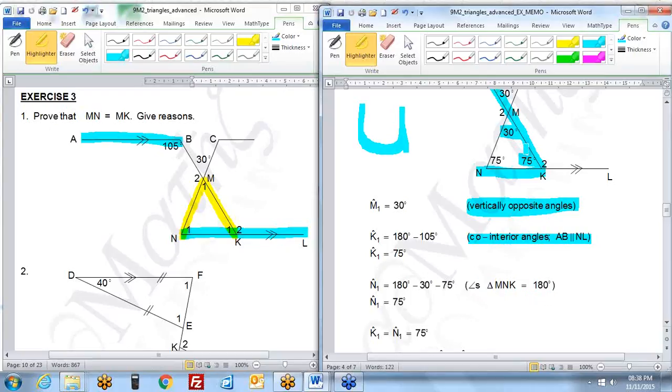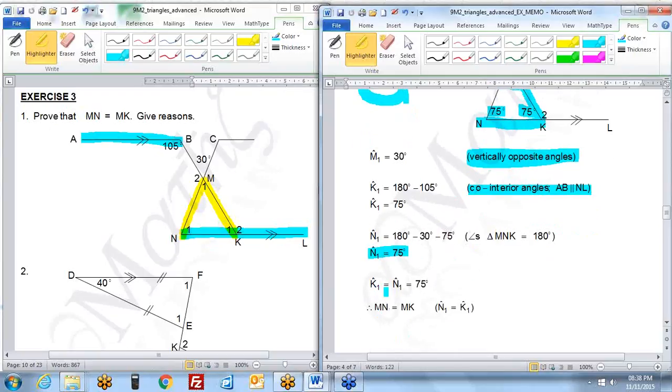So now we use the interior angles of a triangle because we have two of the three angles already. So therefore 180 degrees minus the 30 degrees minus the 75 degrees gives me angle N1, which is 75 degrees. So now you can say that angle K1, which is 75 degrees, and angle N1 equal one another in size, and the size will be 75 degrees.